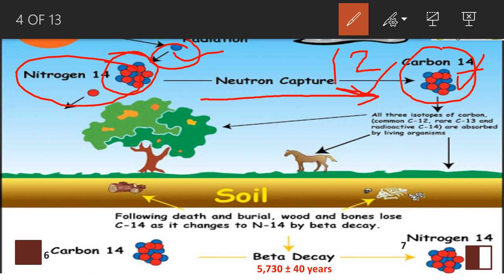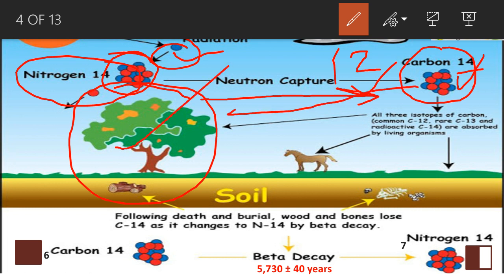As we know, on the earth crust there are so many producers, that is plants. These plants consume the atmospheric carbon in the form of carbon dioxide and convert it into nutrients, and on them herbivores are dependent, and on them carnivores are dependent.